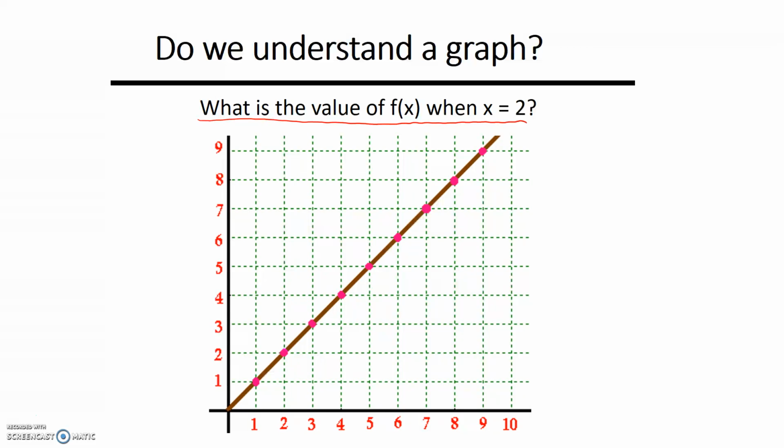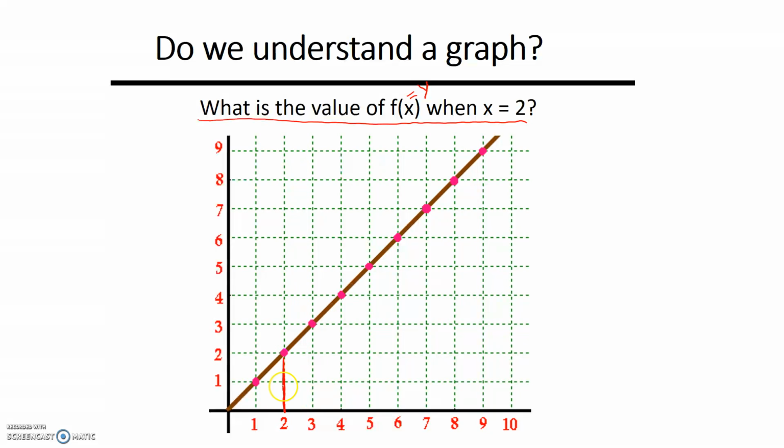All right, now that you have it, let's talk about what is the value of f(x) when x is equal to 2. Again, it's very important that we remember that f(x) here is the same thing as saying y. So this is asking, what is the value of y when x is equal to 2? If I take a look at my x-axis over here, we see that 2 is right here. So at 2, what is the y value?